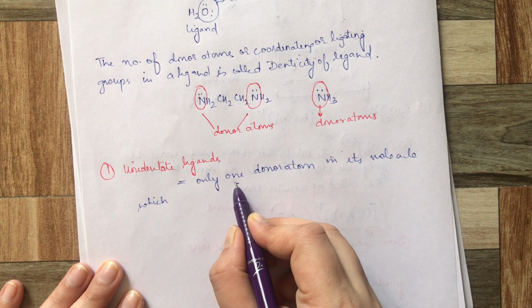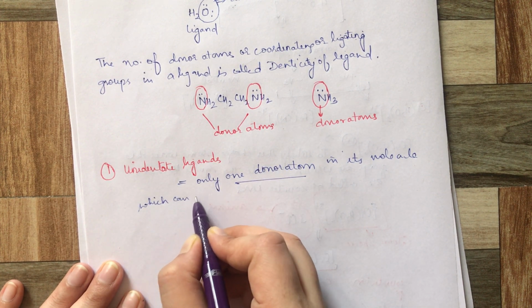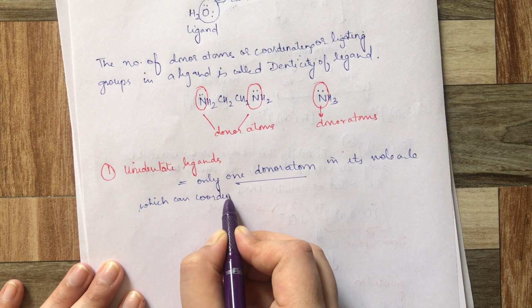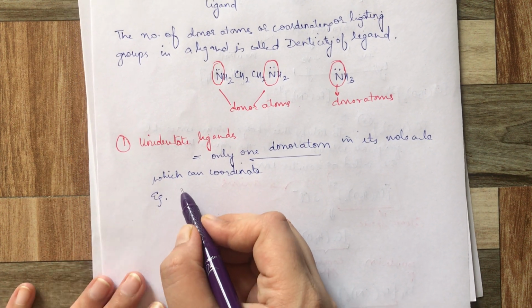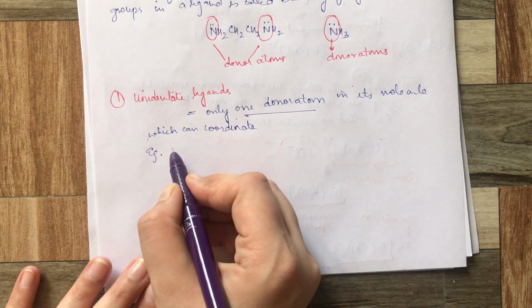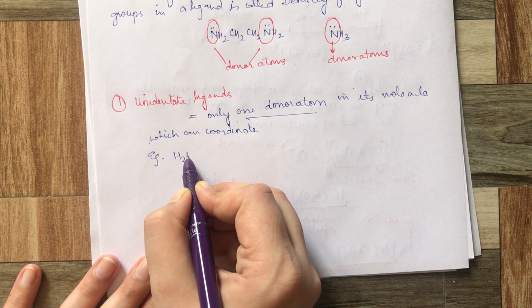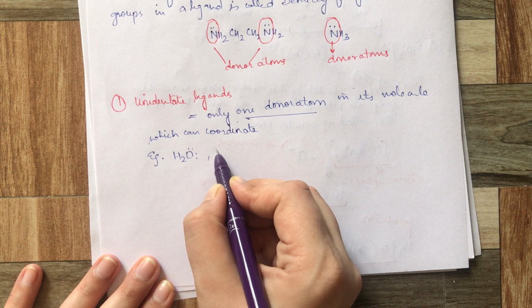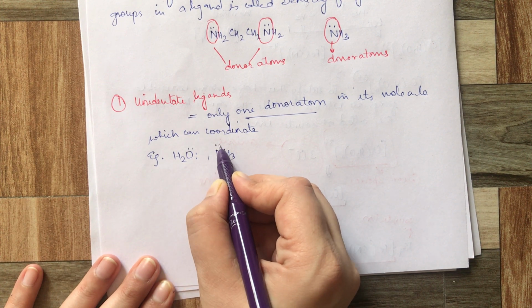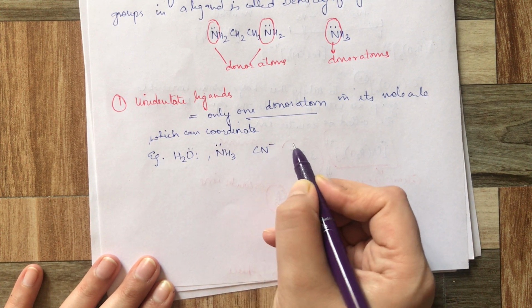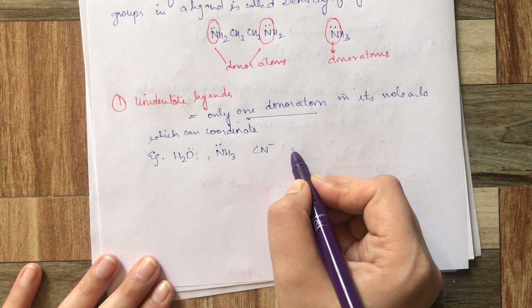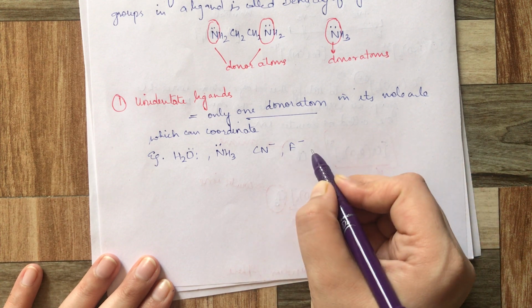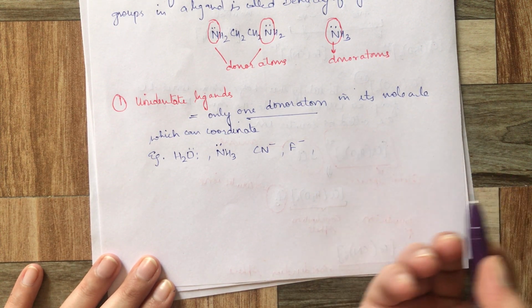Only one donor atom which can coordinate. For example, we have water, one donor atom, NH3, CN negative. So they are the unidentate, F negative. So these are the unidentate ligands, right?